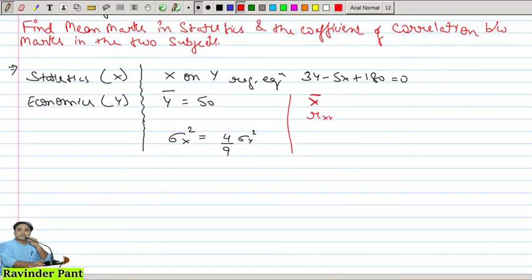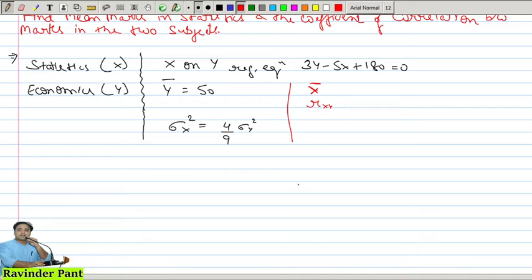Okay, so one thing is coming to my mind. I'll write it on the rough side, mark it as rough. I know that there is one expression which says that beta xy, or b xy, is equal to r multiplied by standard deviation of x upon standard deviation of y.